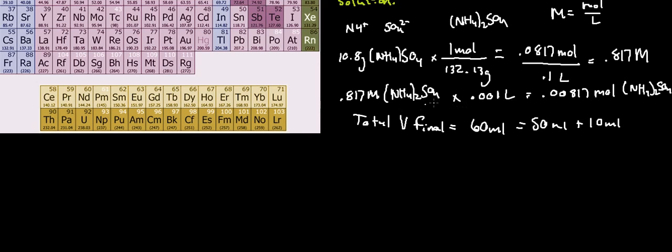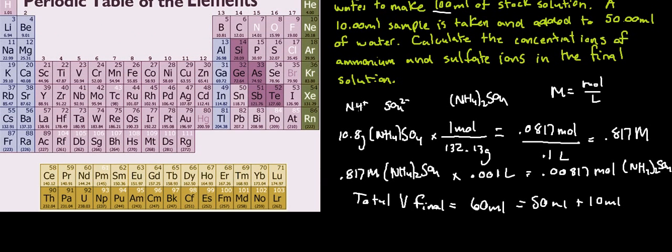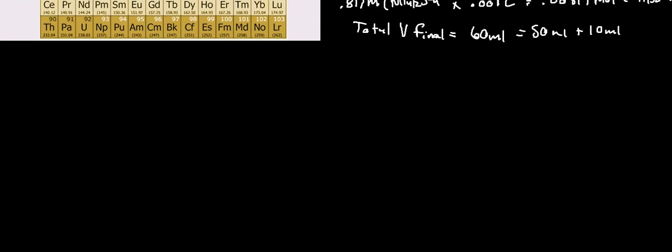So I have the moles of each. Now, as I said before, ammonium has a +1 charge and SO4 has a -2 charge, so when they dissociate, if I were just to write this out, so if I have (NH4)2SO4, and I dissolve it in water, it's going to dissociate to 2 NH4+ and SO4 2-.